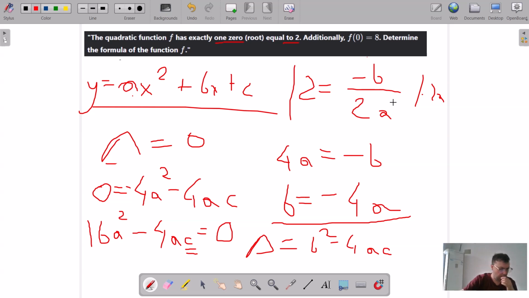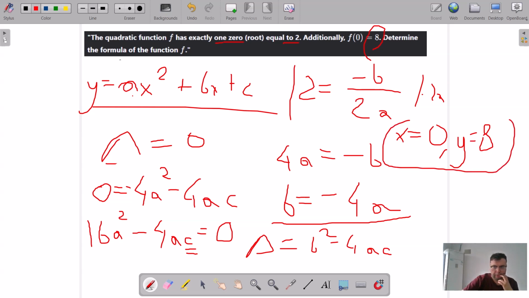So you need to know that actually c equals 8, because f of 0, so when x equals 0, y equals 8. That is very important to know in order to solve this.